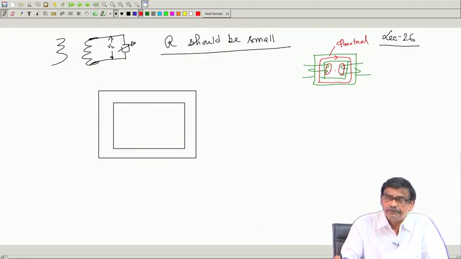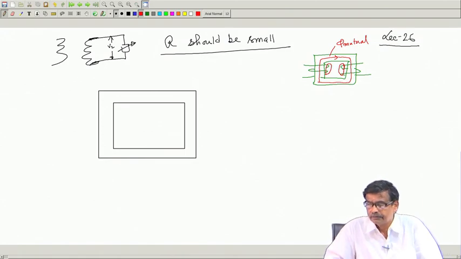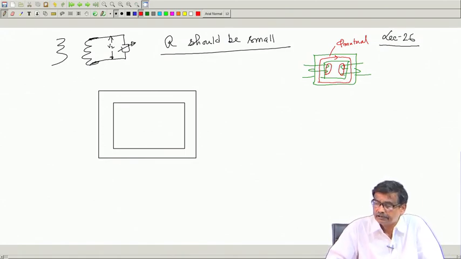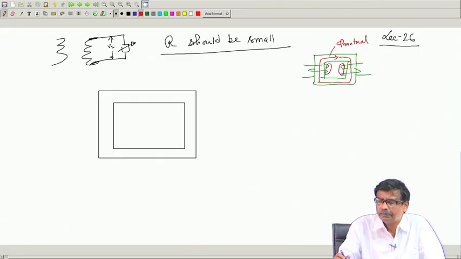So, this leakage flux will not contribute to the energy transfer from primary to secondary, except that they will cause some extra voltage drop, as voltage drop takes place in the resistance.